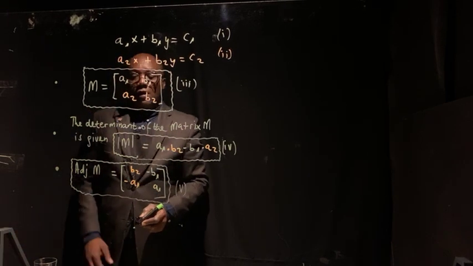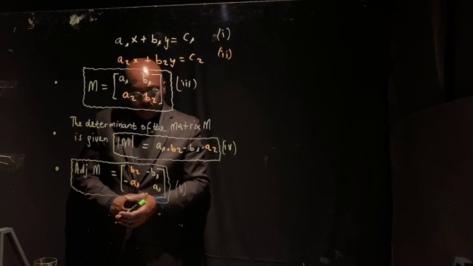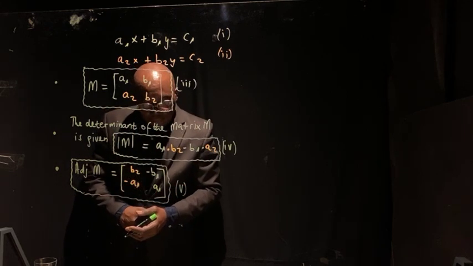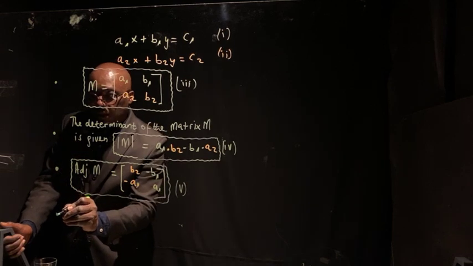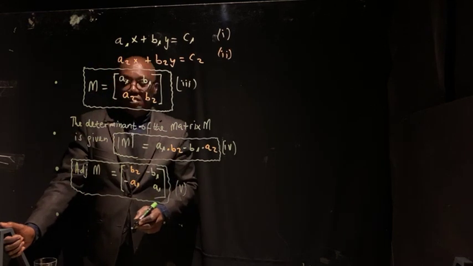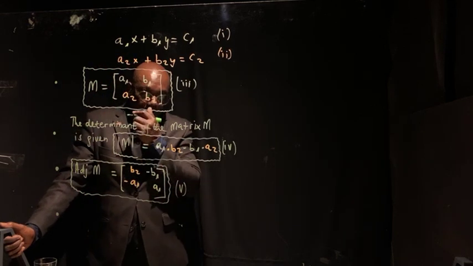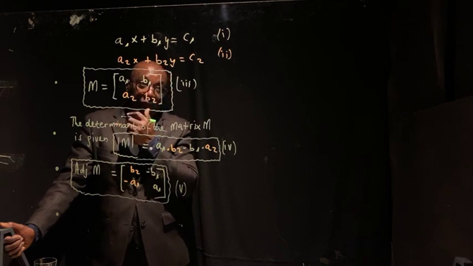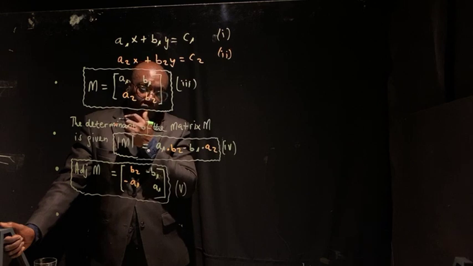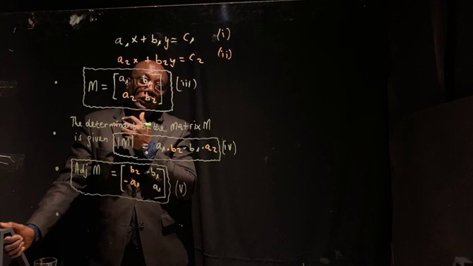Now, the fourth point is called the matrix inverse. Before I do the matrix inverse, we have to go back to equations 1 and 2.